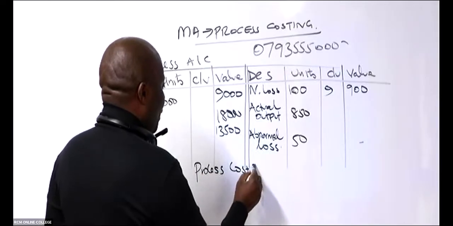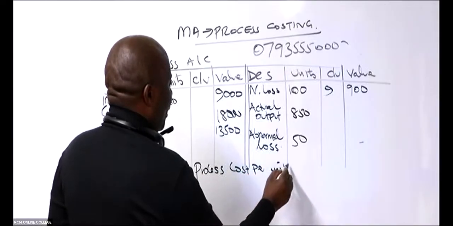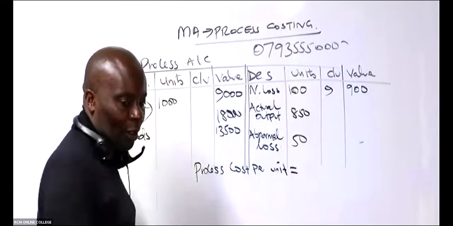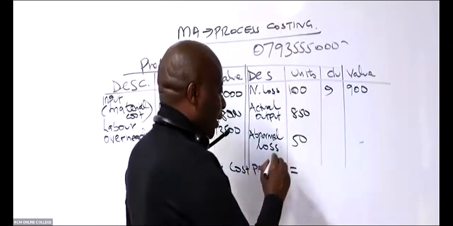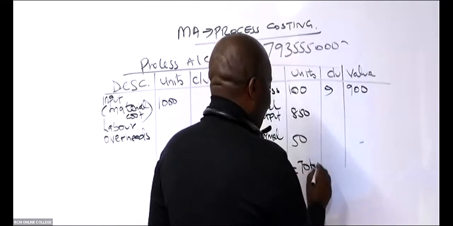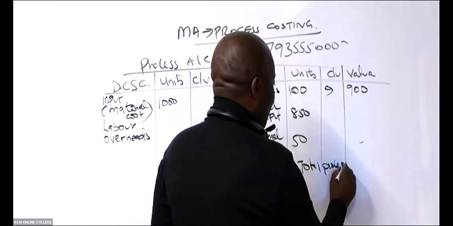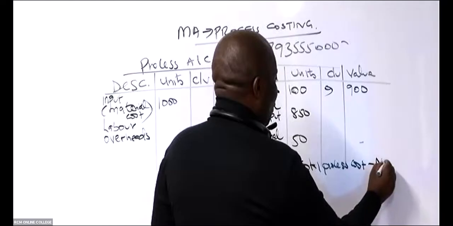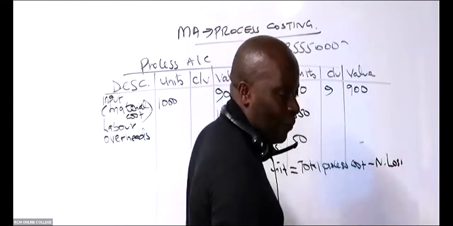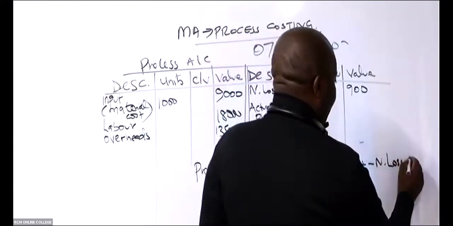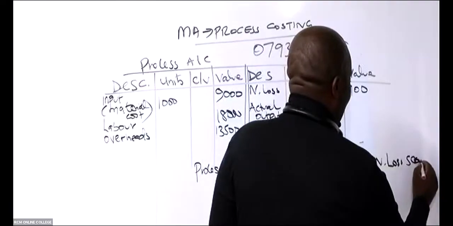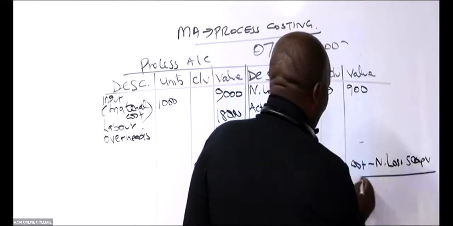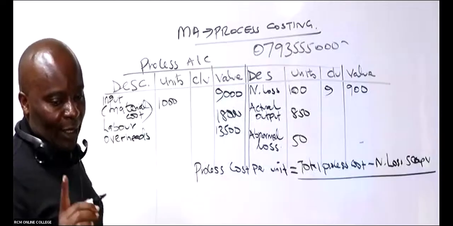Process cost per unit. I'm able to remember this very well. We said we take the total process cost minus normal loss scrap value, all over input units minus normal loss units. Please listen.